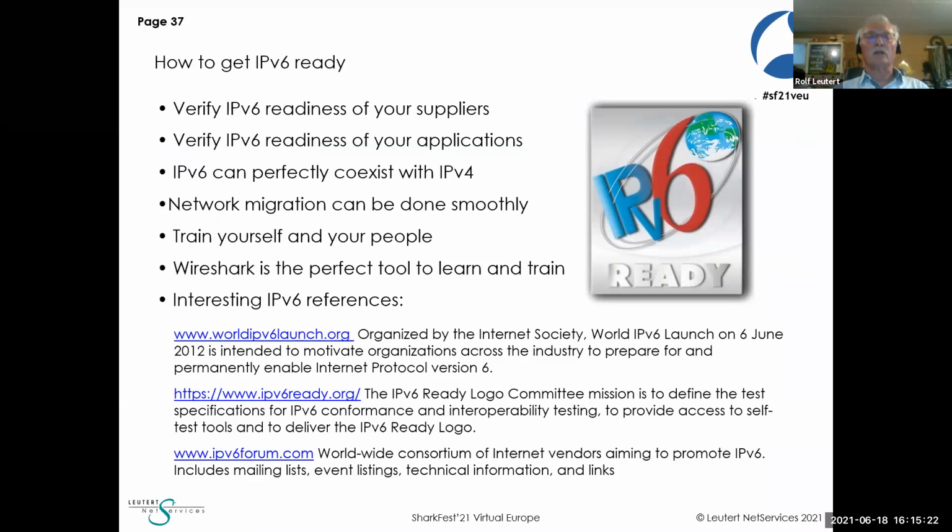Yes, how do you get ready with Wireshark, with IPv6? Of course, you can ask your suppliers to support IPv6, which is really common these days. Unfortunately, IPv6 has a lot of options, and IPv6 Ready does not really define which options are used, so it's a little bit fuzzy what this label means.